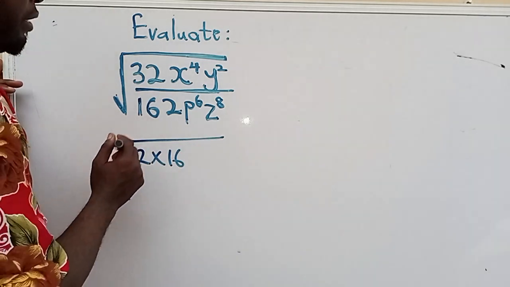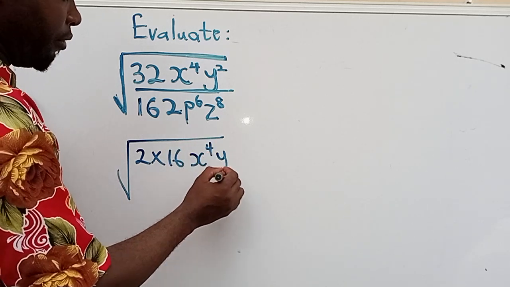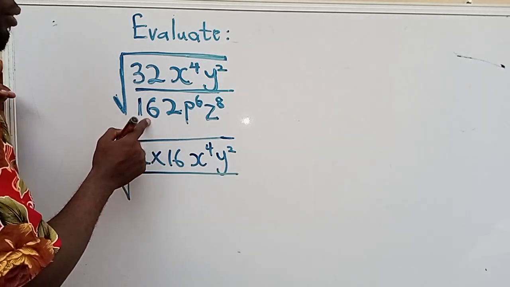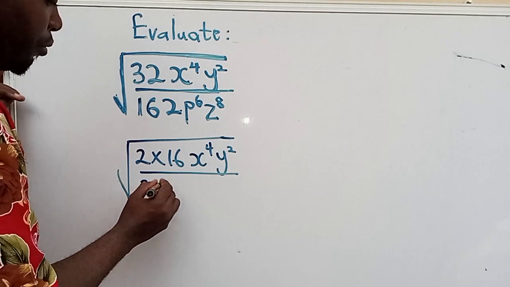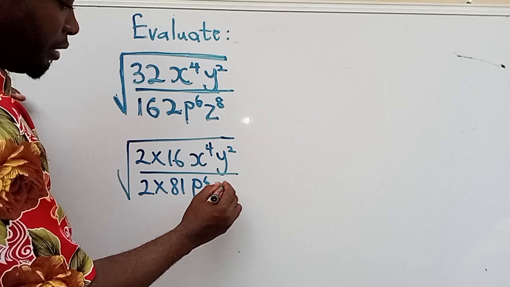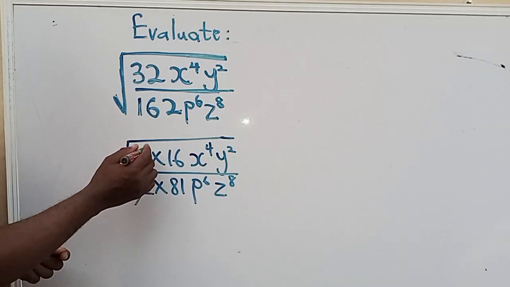So I've expanded it. Then I'm going to have s raised to power 4 y raised to power 2. Then the next thing, I'm going to do that to the denominator also. 162 will change to 2 multiplied by 81 p raised to power 6 z raised to power 8. Now the next thing is to cancel out this 2.